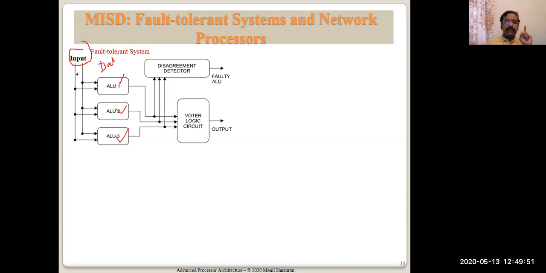In this case, let me clearly say what it means. It has different sensors coming in, and here input gives you a confusion, so I will change it to instruction. Okay, let me explain again.